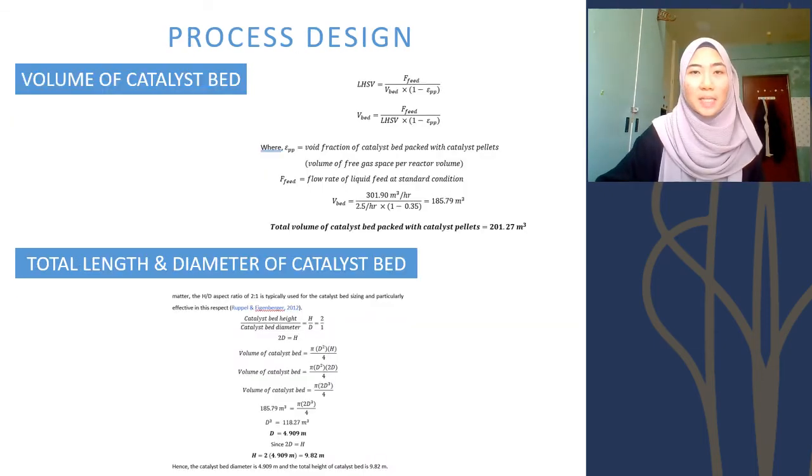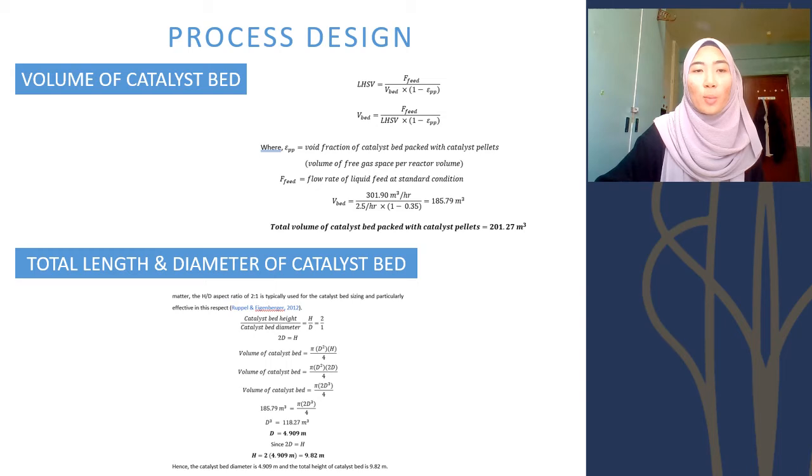For the process design of the hydrotreating and hydrocracking catalytic reactor R101, the volume of catalyst bed is calculated by using the liquid hourly space velocity and the bed void fraction. The total volume of catalyst bed packed with catalyst pellets obtained is 201.27 meter cube.